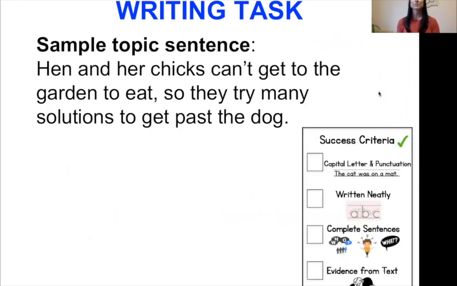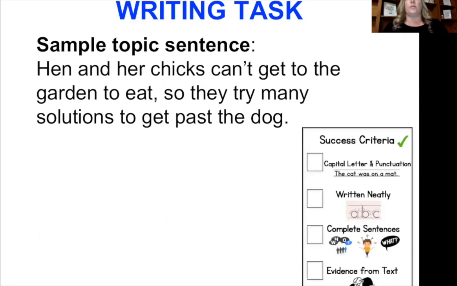This is our sample topic sentence. Hen and her chicks can't get to the garden to eat, so they try many solutions to get past the dog. Let's look at our success criteria, and it tells us how we can be successful anytime we write. Do we have a capital letter at the beginning and punctuation at the end?